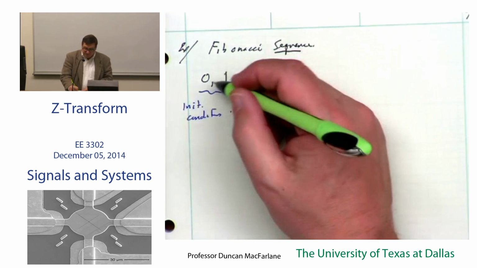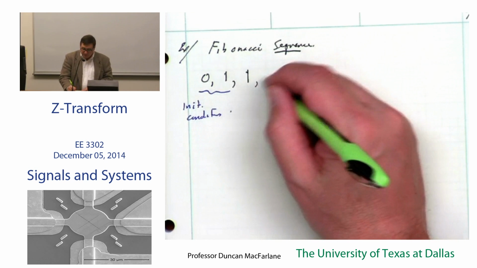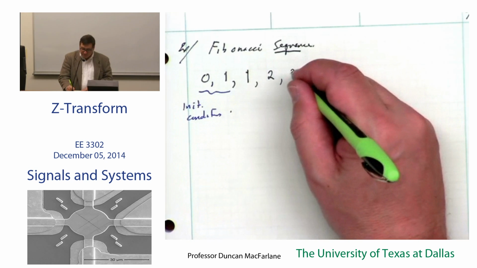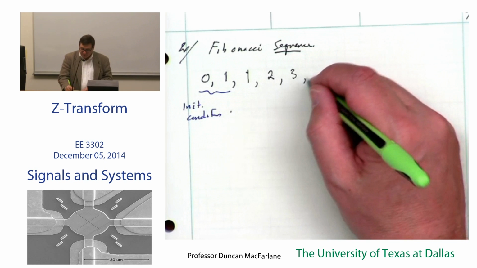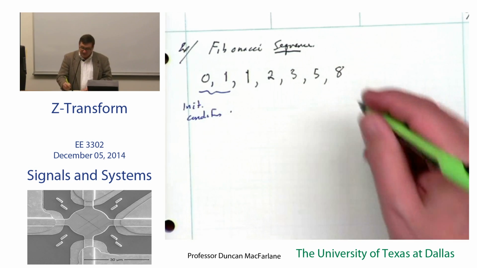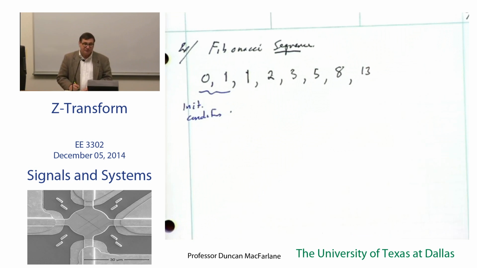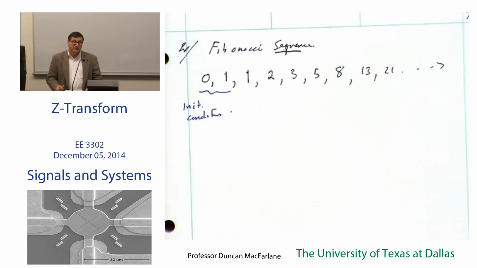Then the next number is 0 plus 1 is 1. 1 plus 1 is 2. 1 plus 2 is 3. 2 plus 3 is 5. 3 plus 5 is 8. 8 plus 5 is 13. And 21, and so on. And these are the Fibonacci numbers.